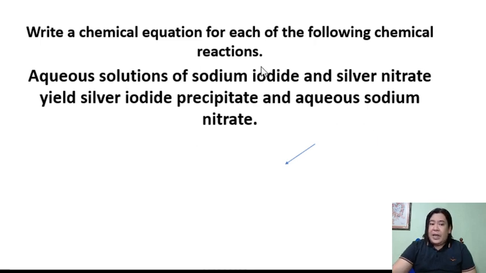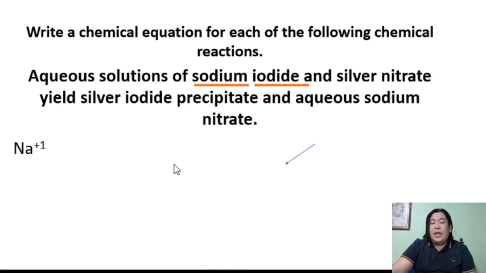So, let us analyze how to write the formula for sodium iodide. So, lagay niyo muna ano ba ang symbol ng sodium ion. Since this is an ionic compound, so you will write first the ions, the constituent ions in that particular chemical substance. Okay, so for sodium, the formula for ion ng sodium is Na+1.